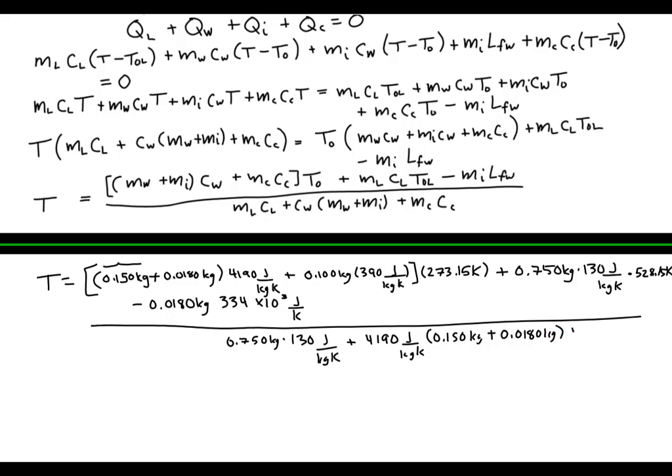And then this is plus the mass of the copper calorimeter, which is 0.100 kilograms, times the specific heat of copper, which is 390 joules per kilogram Kelvin.